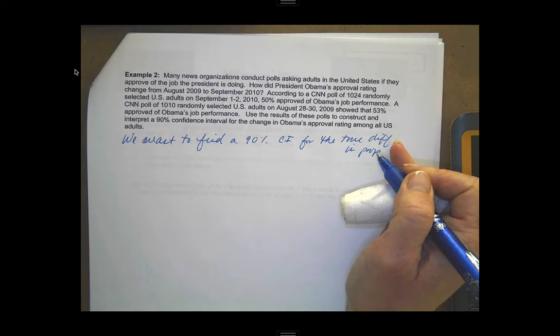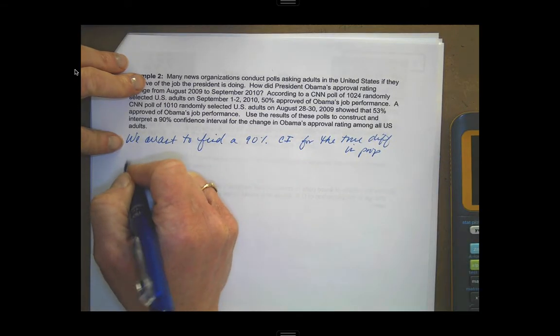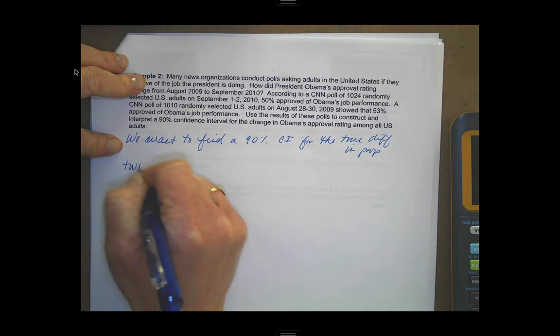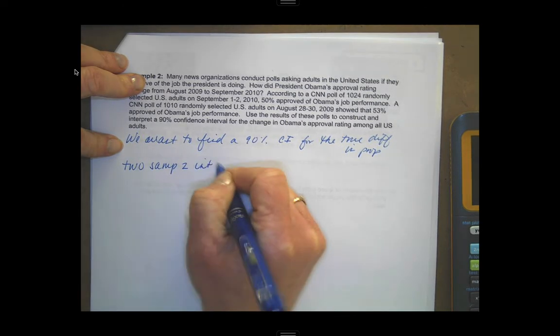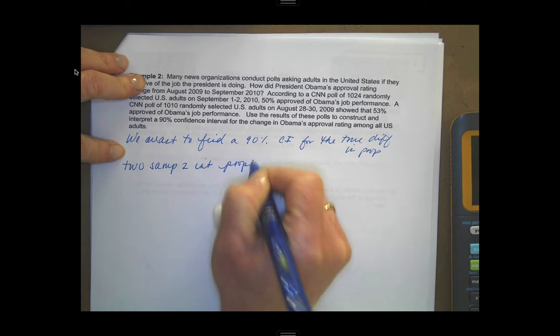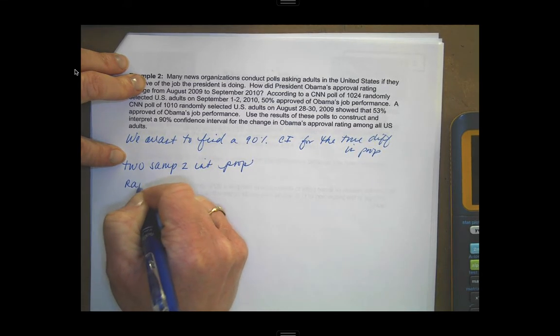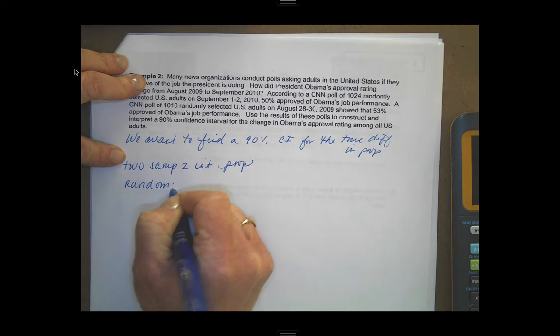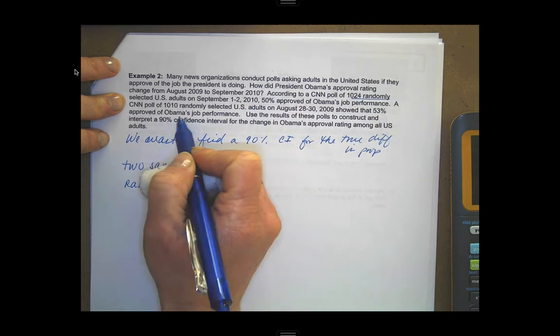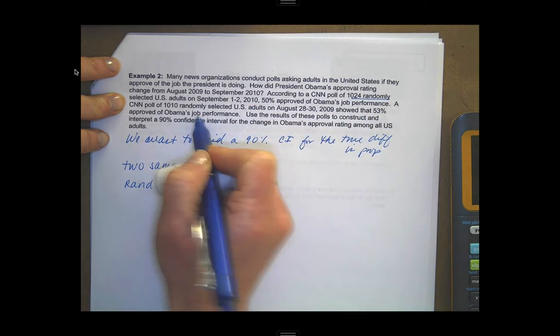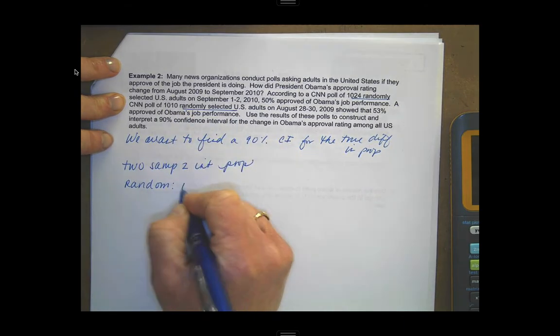That would never make any sense really. This is a 2 sample z interval for proportions. Said right here, so in the 2010 sample, they randomly selected. In the 2009, they randomly selected.